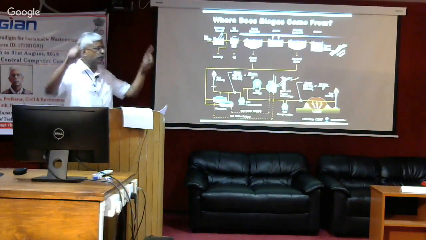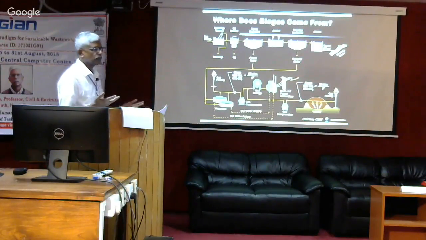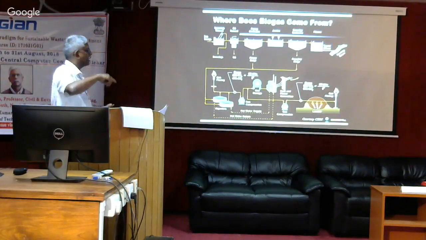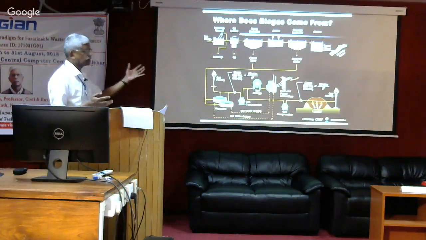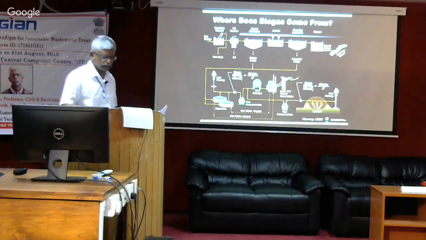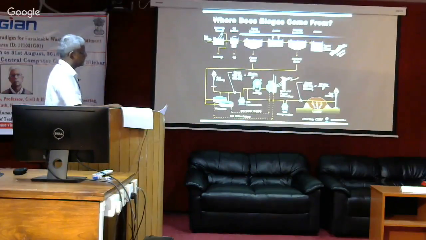But it all depends on the scenario. What is the alkalinity present in the system? What is the pH? If you then do a little bit of chemistry calculations and a carbon budget, you can see how much of it will be carbon dioxide, how much of it will be methane. You can do those calculations. But today we are interested in the energy part of it, and in the energy part of it, we have some guidelines.